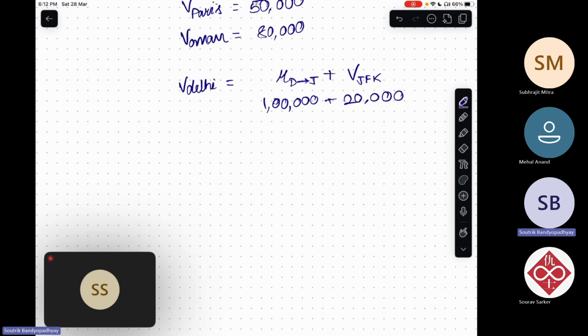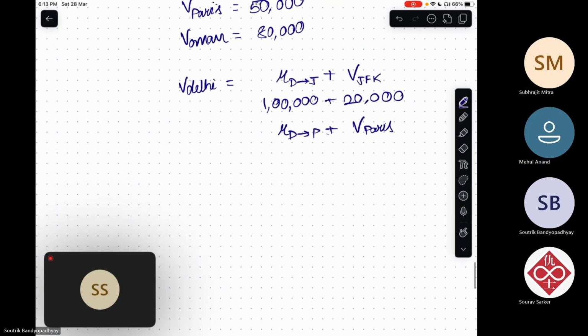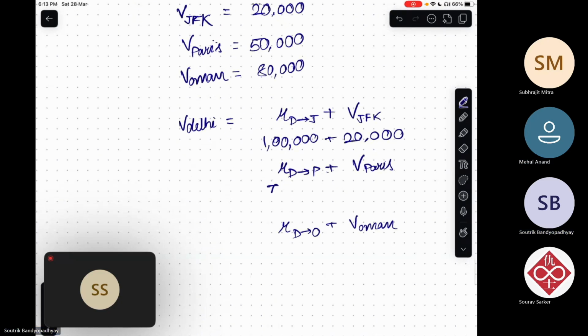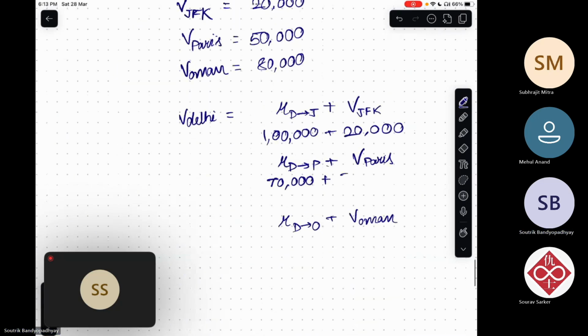This is one leg. The second leg is Delhi to Paris plus value of Paris, and the third leg is Delhi to Oman plus value of Oman, right? So Delhi to Paris was 70,000 plus value of Paris was 50,000.